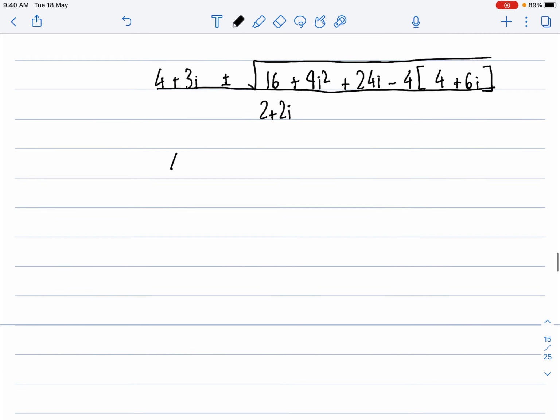So now I can write this as 4 plus 3i plus minus the square root of, I told you all I square can be written as minus 1. So I can write this as 16 minus 9. 16 minus 9 gives me 7.